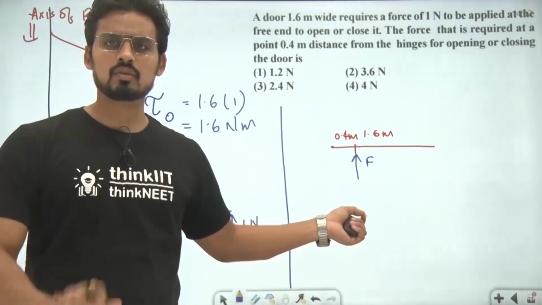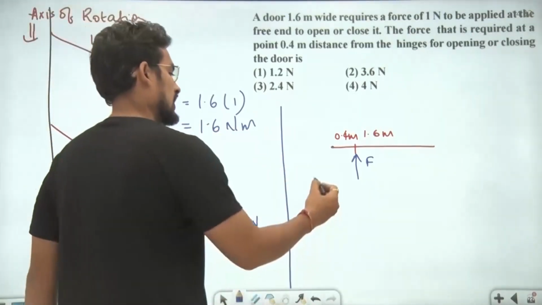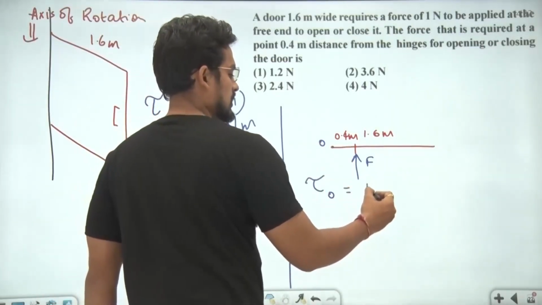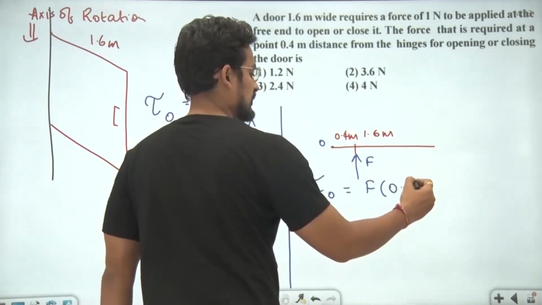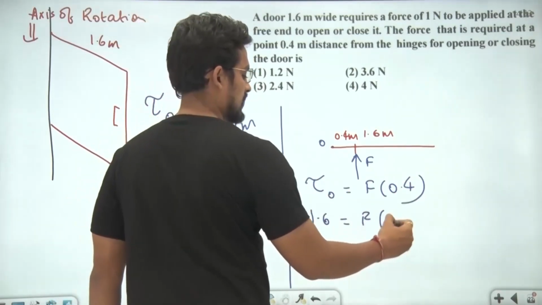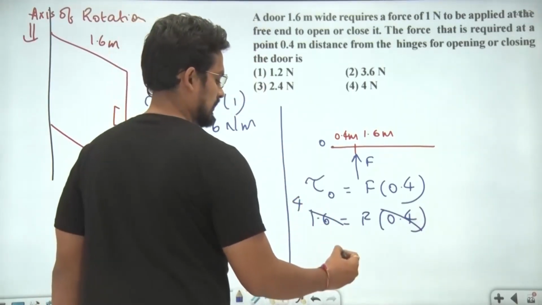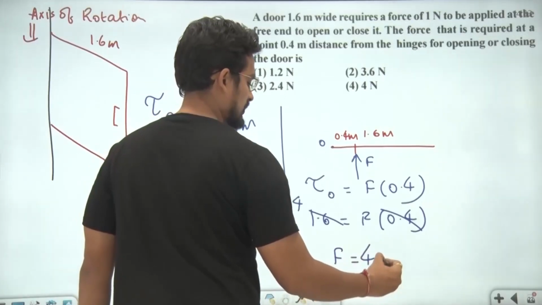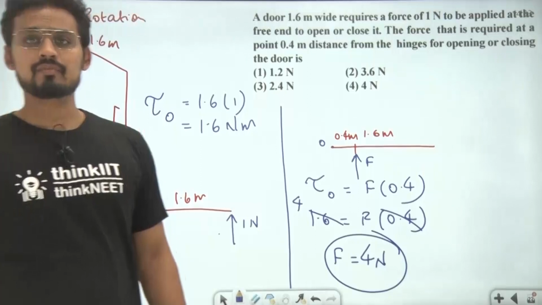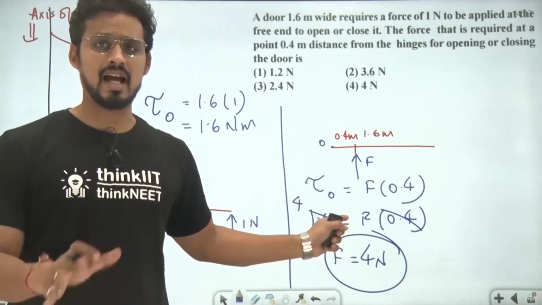So to open the door, the torque required is already calculated as 1.6 Newton meter. So can I say, if this is my point O, torque about O is F into 0.4, of which this is 1.6, this is F, this is 0.4. Now can I cancel out this with 4? So the value of F is coming out to be 4 Newton. And I hope each and every one of you have understood how we have done the process and calculated the final answer as 4 Newton.